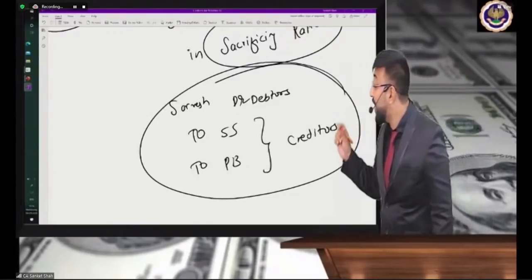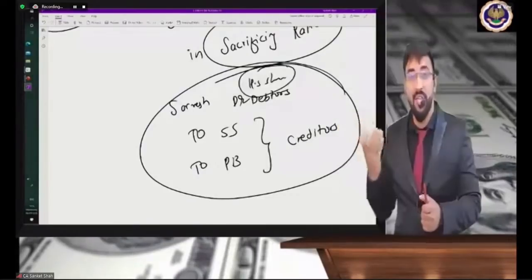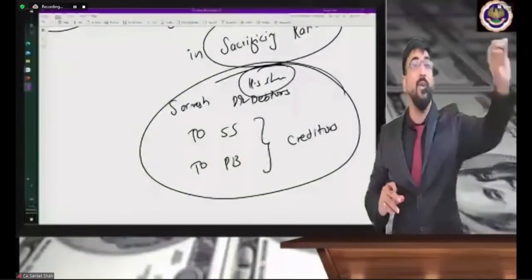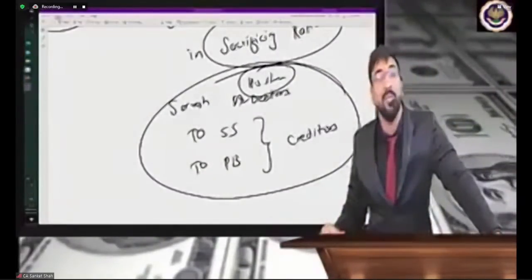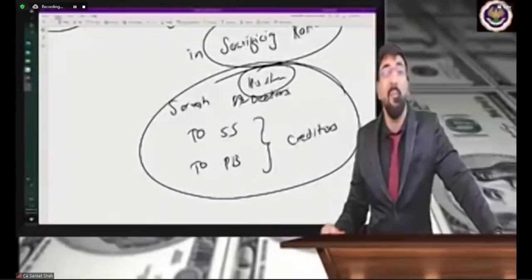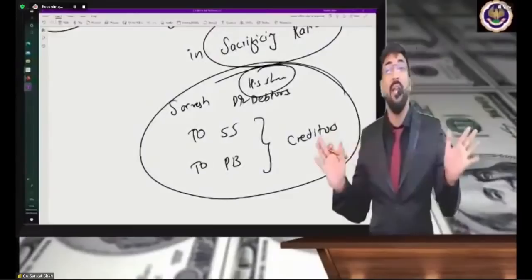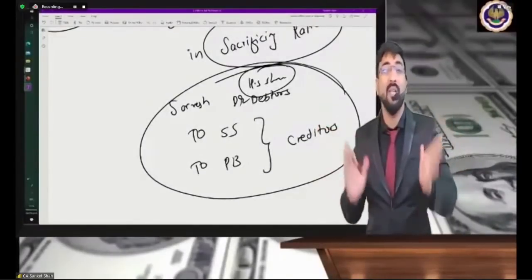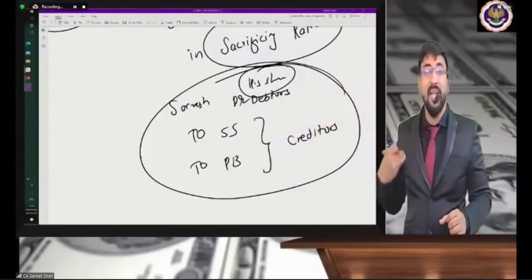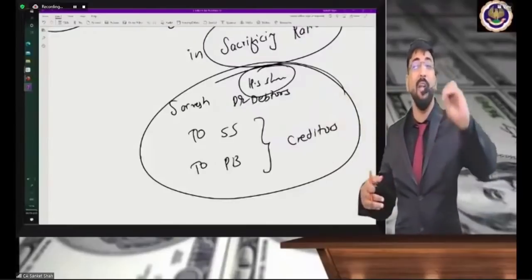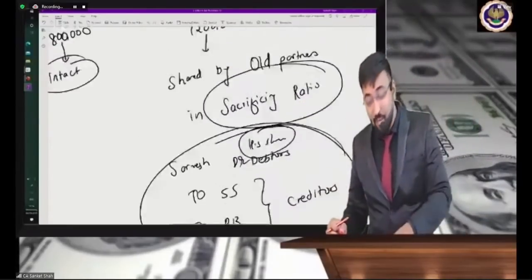The firm will take it from Sarvesh and give it to Sanket sir and Pushkaraj Bedekar sir. The firm's job is only one: take with one hand and give with the other. The firm will take from the new partner and give it to the old partners. So this is the goodwill treatment.